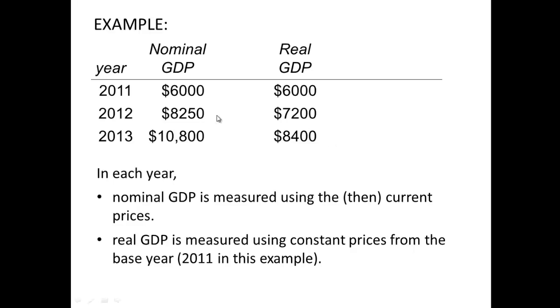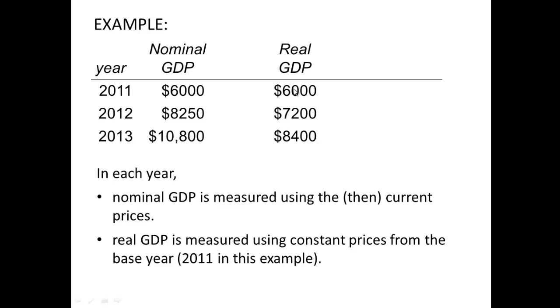So what we find, remember from the first slide, when we multiply price times quantity for 2011, nominal GDP was 6,000. And because 2011 is the base year, it is also the amount for real GDP. When we take 2012, the nominal GDP was 8,250, and 2013 was 10,800. We see the increase.